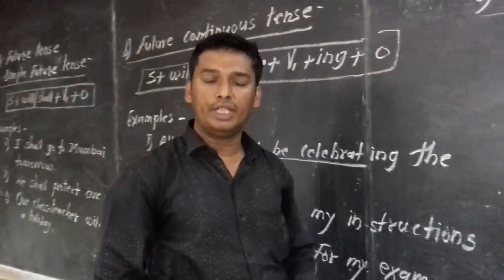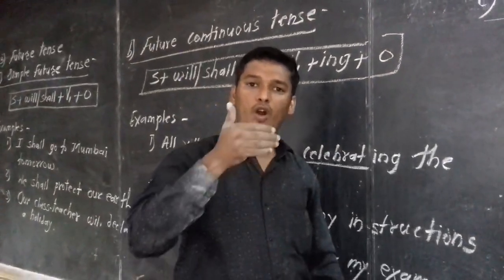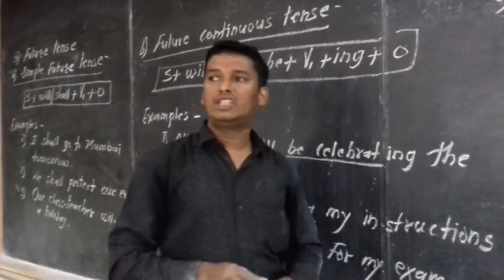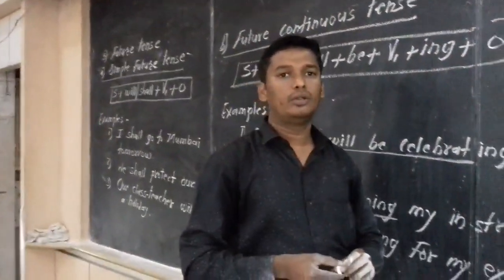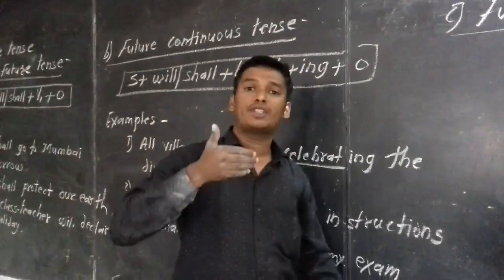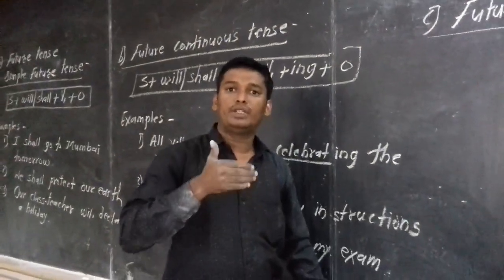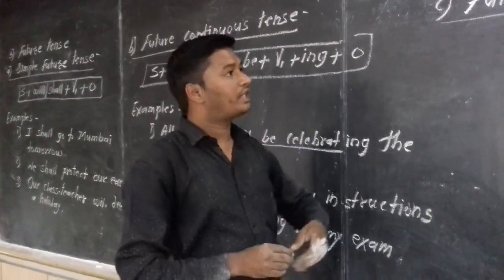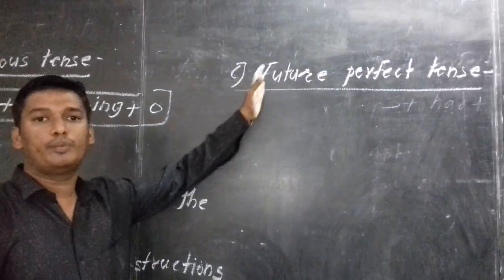If an action would be completed at the time of speaking in the future, then such action is expressed by future perfect tense. The completed action in future is expressed by future perfect tense.